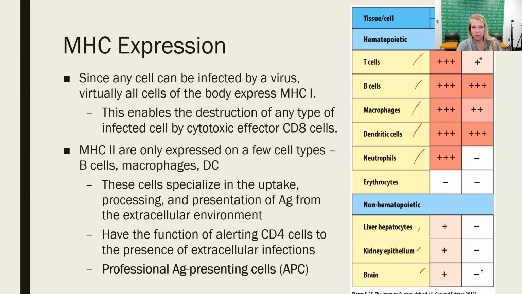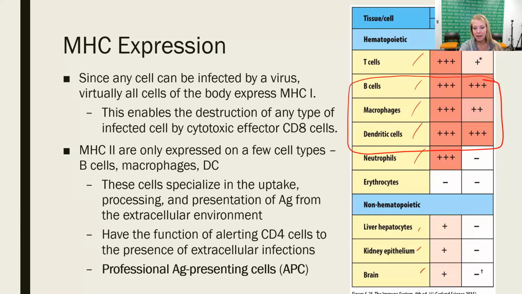MHC class 2 molecules, though, are only found on antigen-presenting cells. These cells are very specialized in what they do, in that they interact with CD4 positive T cells. Only a certain subset of cells do that, and that's B cells, macrophages, and dendritic cells.